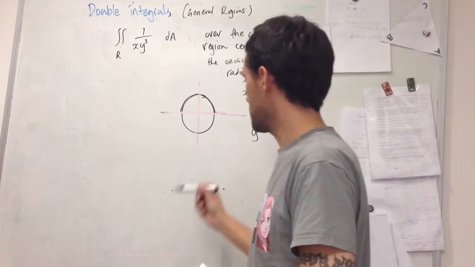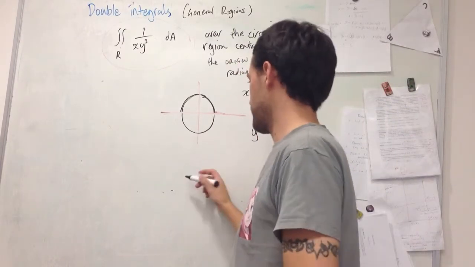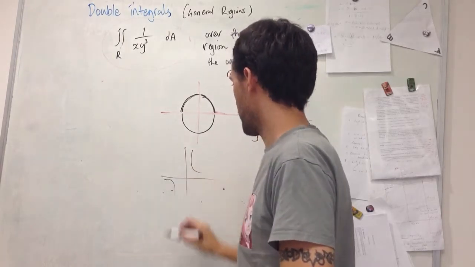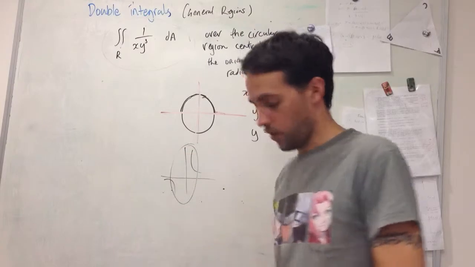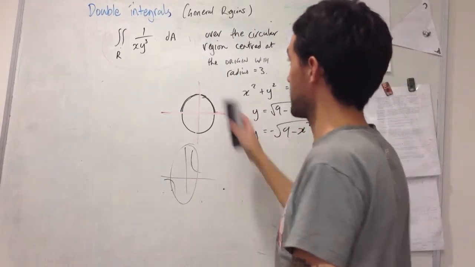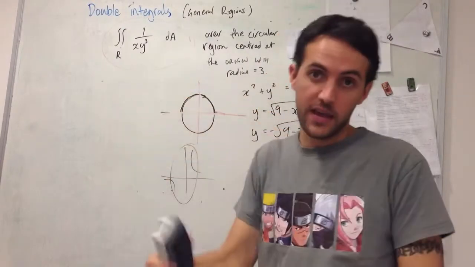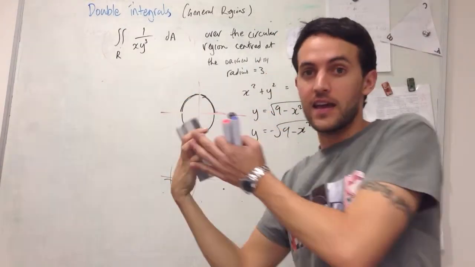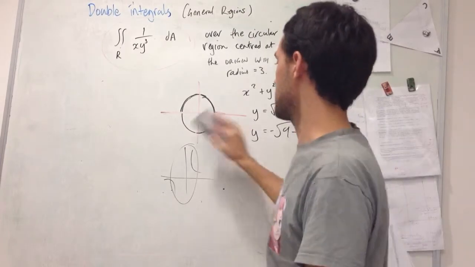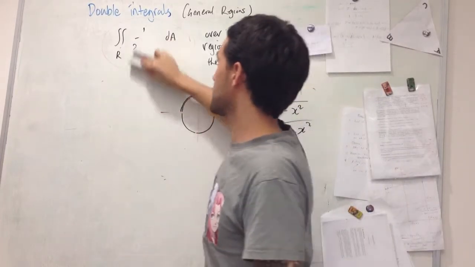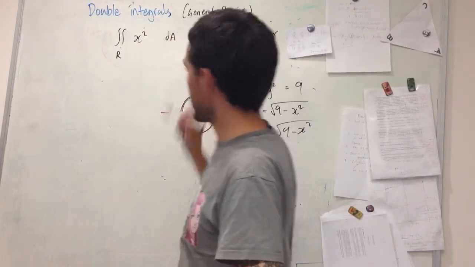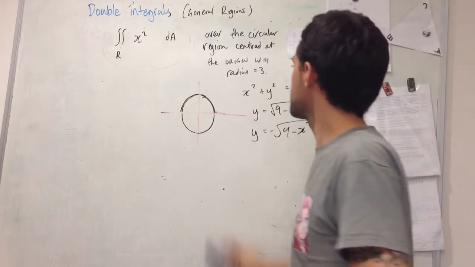It's equivalent to trying to take an integral of even just 1 on x. We can't do it over that boundary there. So be careful with that. Even though I could plug everything in and get an answer, in the end it's going to make no sense. So we're not going to do this function. Instead, I think we'll just do a nice little x squared.